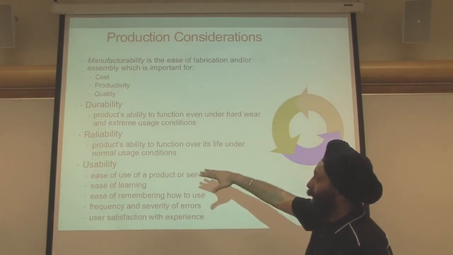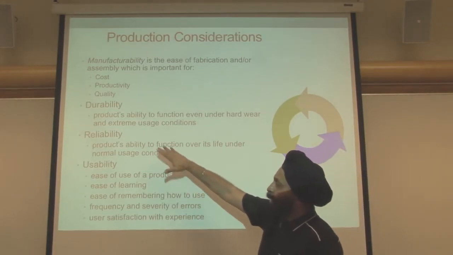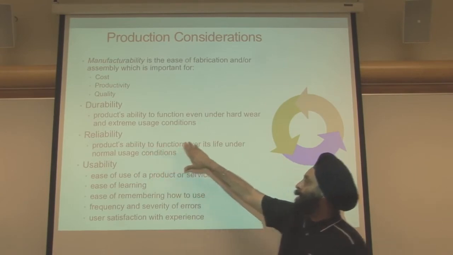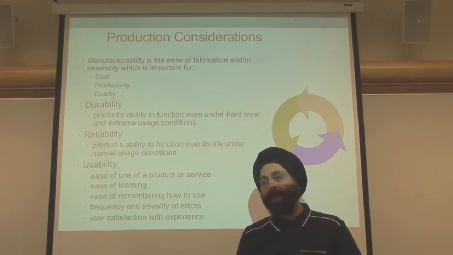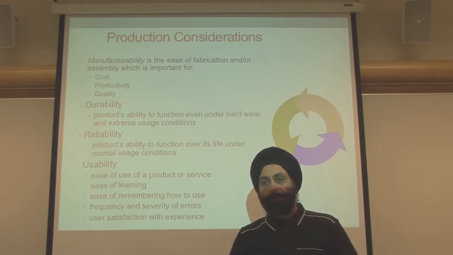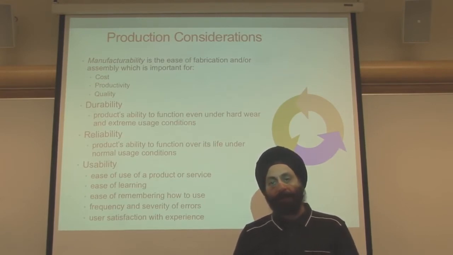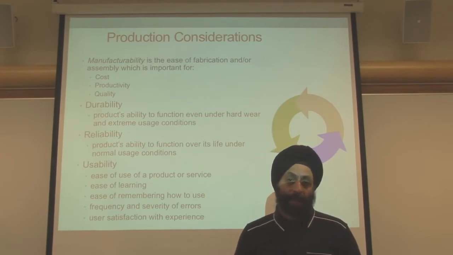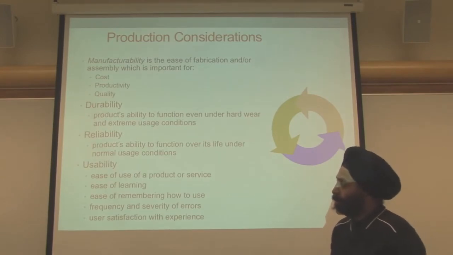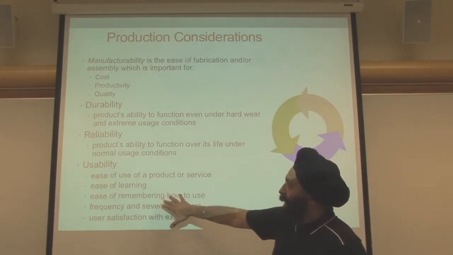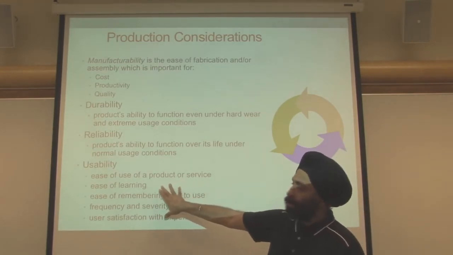Reliability, on the other hand, its distant cousin of durability, is the product's ability to function over its life under normal usage conditions. If a light bulb is on average expected to last for 1,000 hours and it does, that's a good, reliable measure of the life of the product. Usability is the ease of use of a product or service.